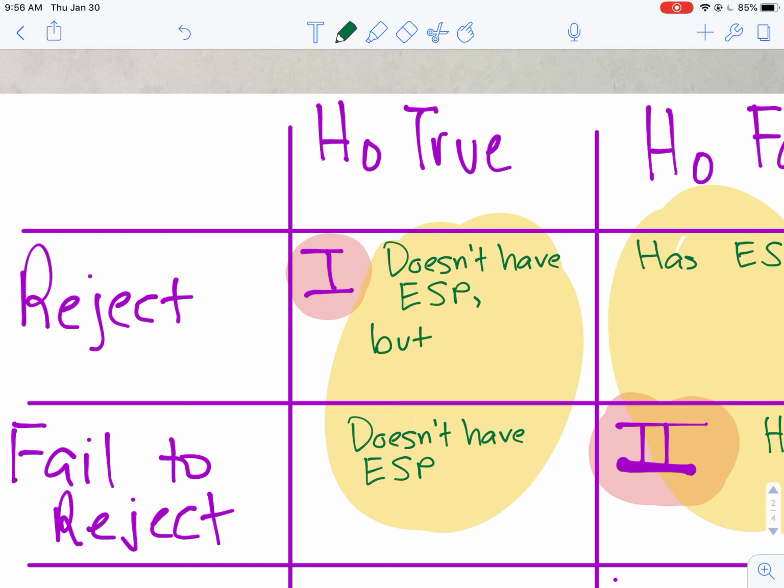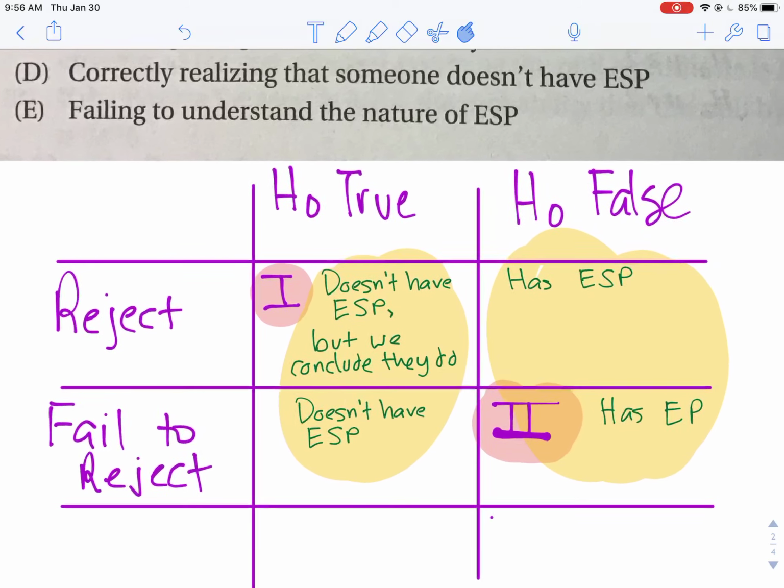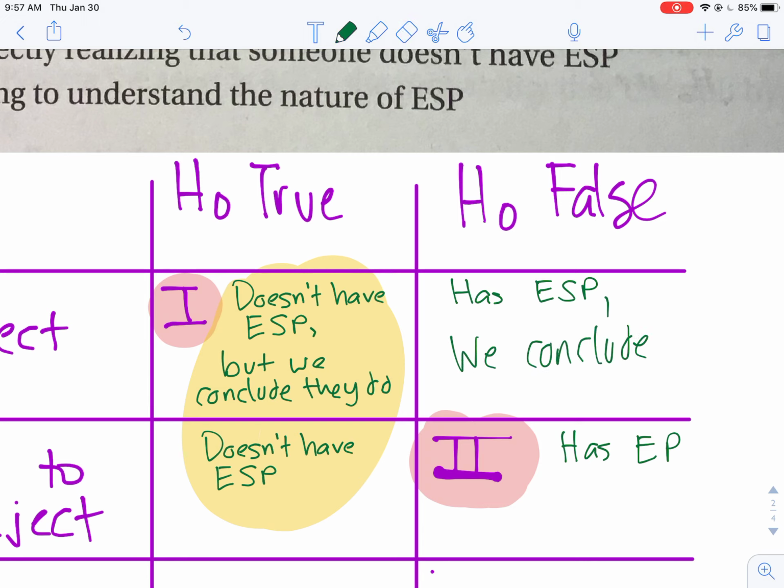So if we're rejecting that null, we're concluding they do have ESP, but they don't. Now over here, if I reject my null, again, I'm saying they have ESP, and we find they do. That's good. We want that. Conclude they do.